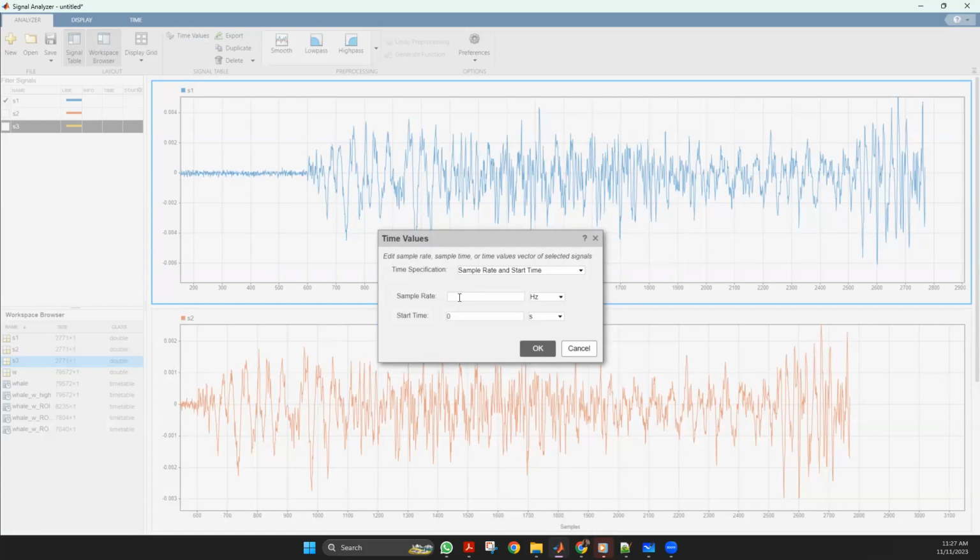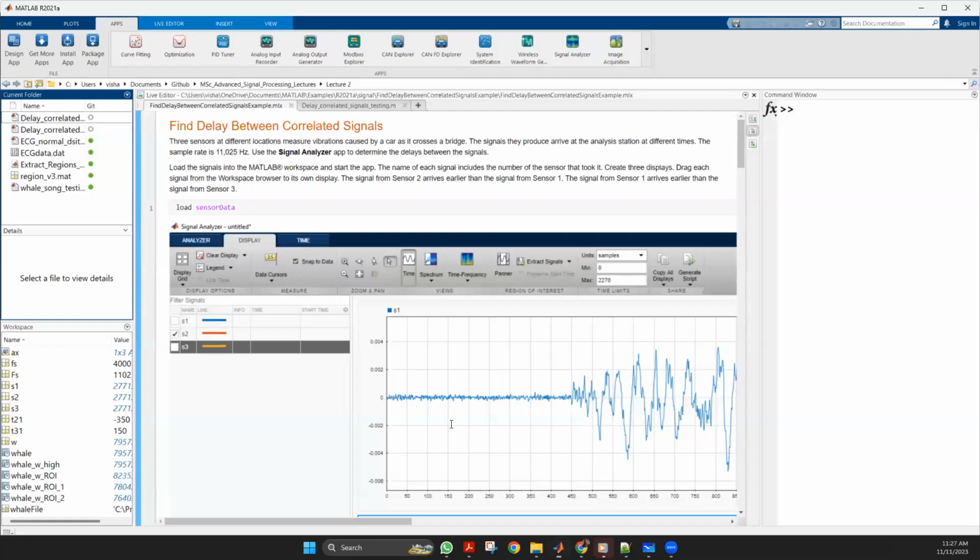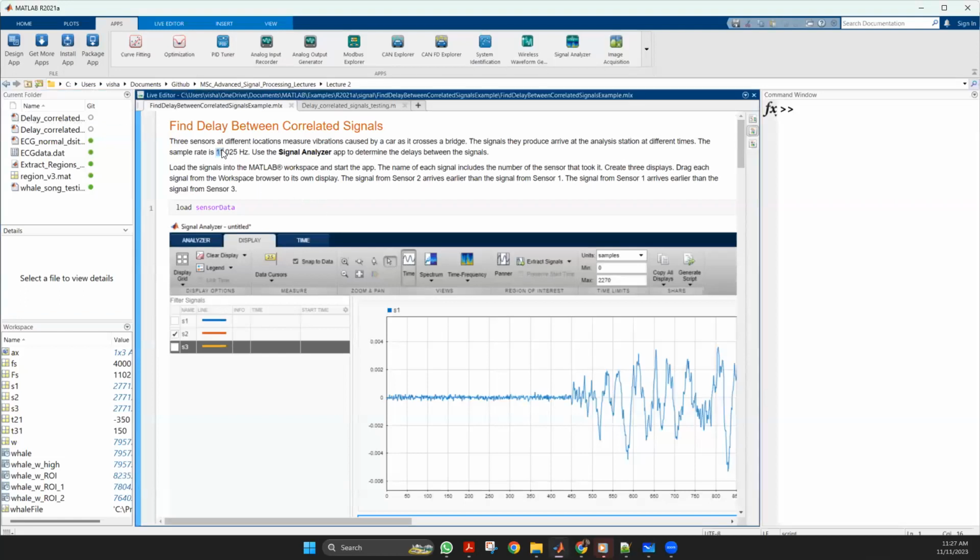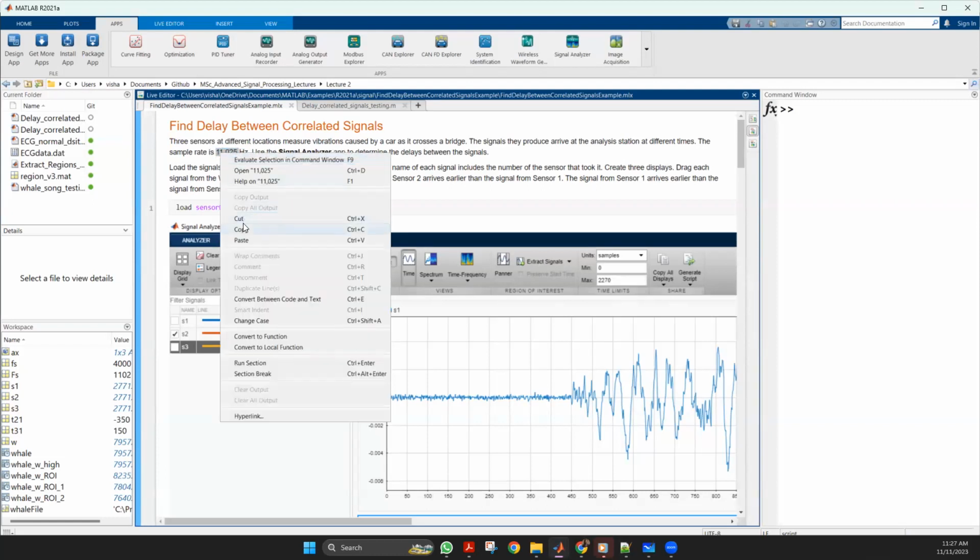The sample rate we need to know beforehand. The sample rate was defined in the initial MATLAB code, where 11,025 was the sampling frequency. So we need to define that as the sample rate and the starting time as 0.